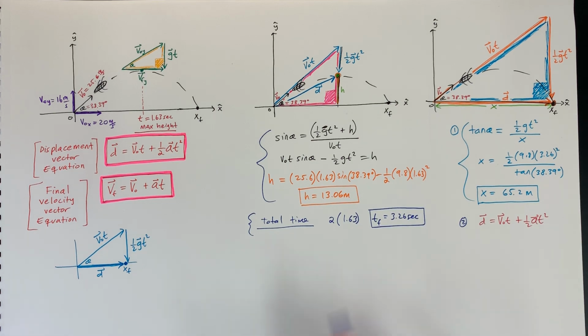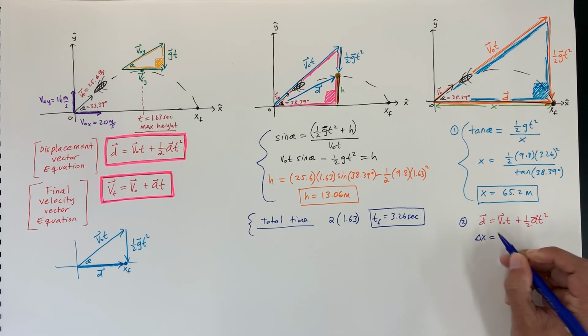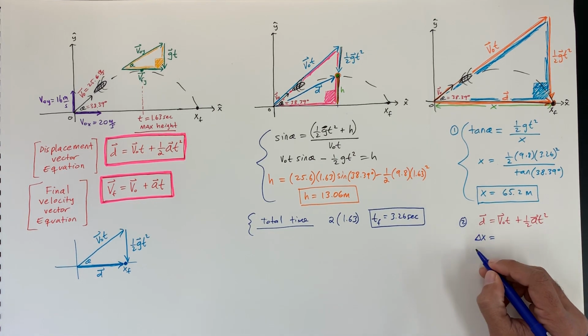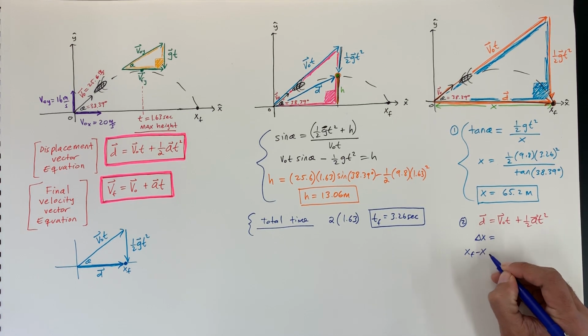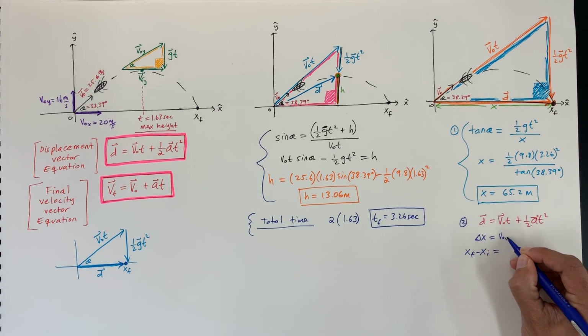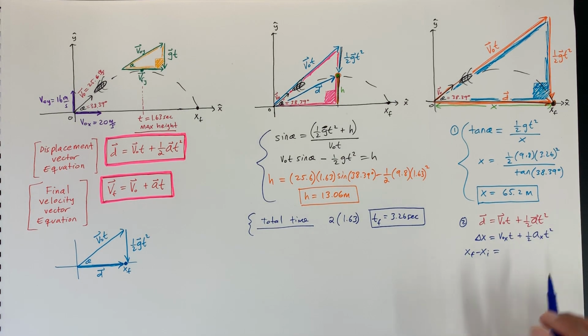And so what we do is the change in x here, which represents final minus initial. So let's write that: x final minus x initial equals v initial in the x direction times time plus 1/2 a_x t squared. There's no acceleration in the x direction.